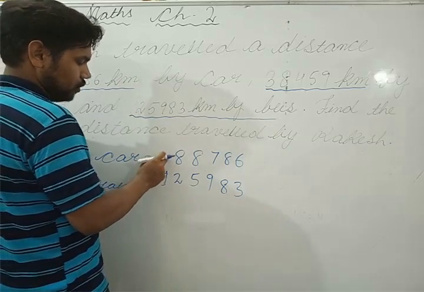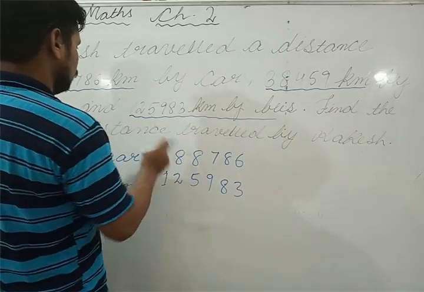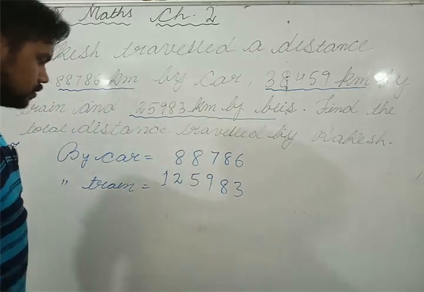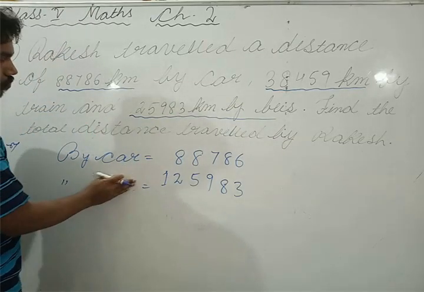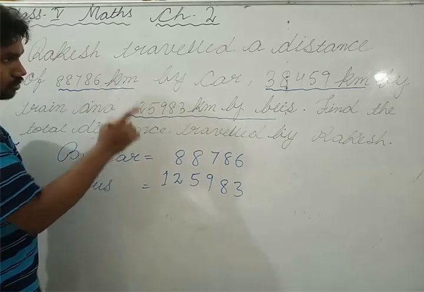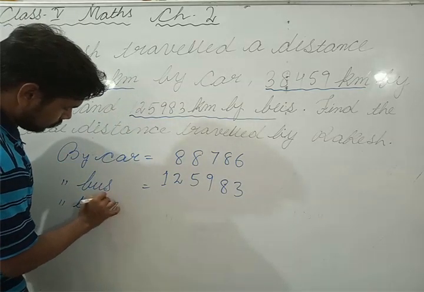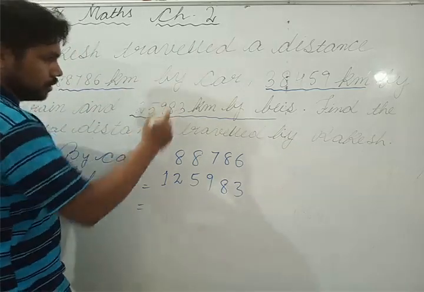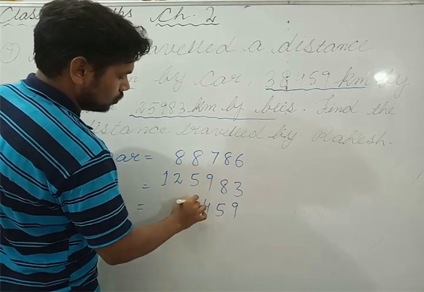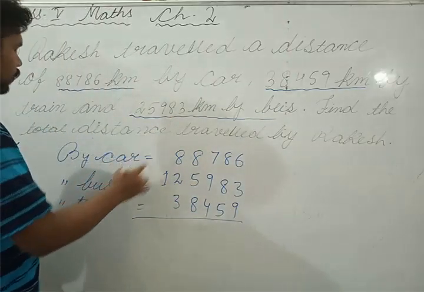So here there are no numbers, so you can put 0. So this is the journey by bus. Then by train, how much? That much. So 9, 5, 4, 8, 3. So now you have to find the total distance.